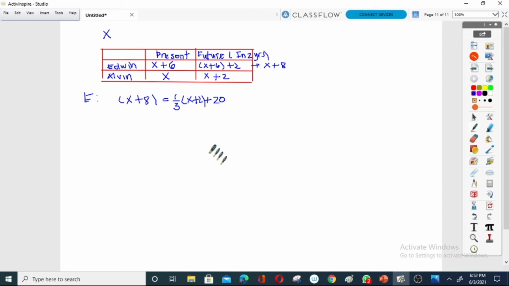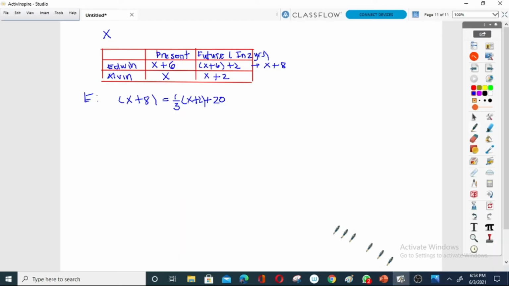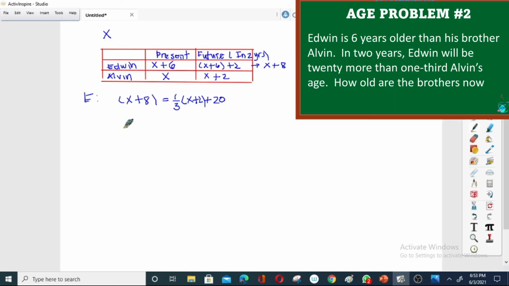Okay, so that's how we translate 20 more than. So more than means plus 20 of one-third of Alvin's age. Then let us simplify.